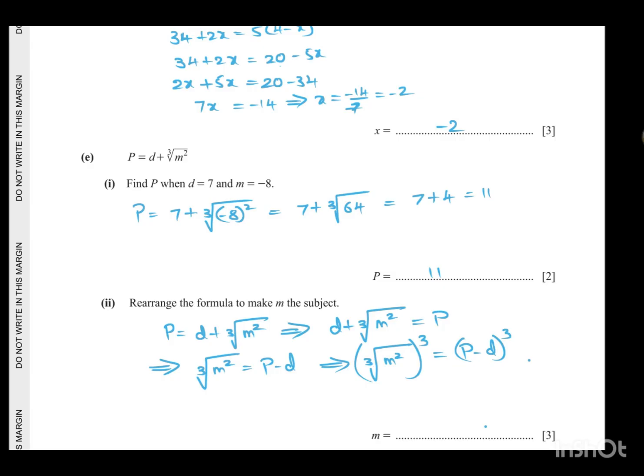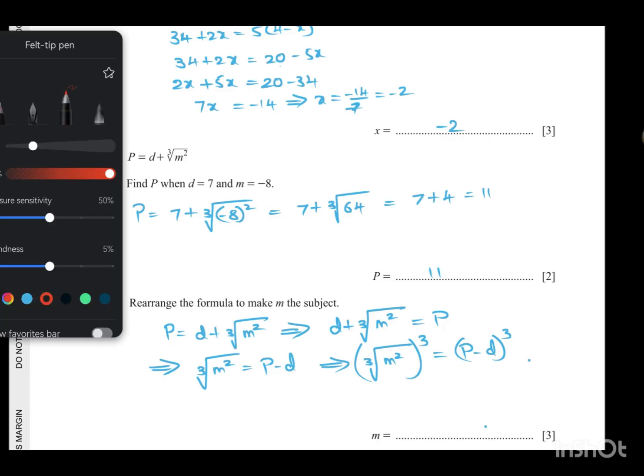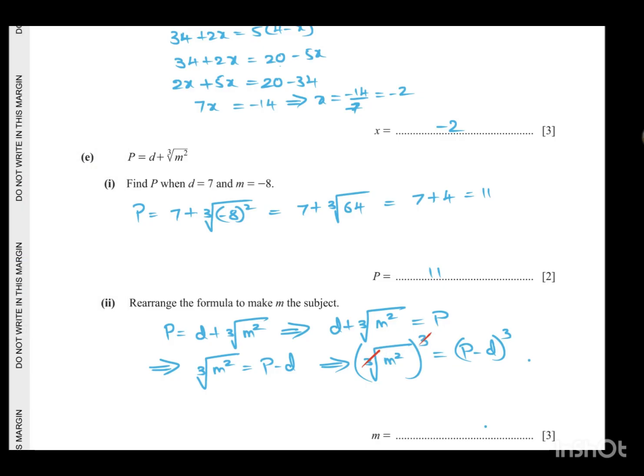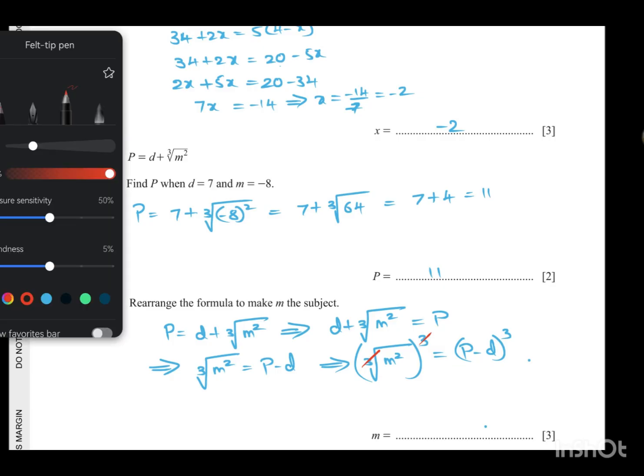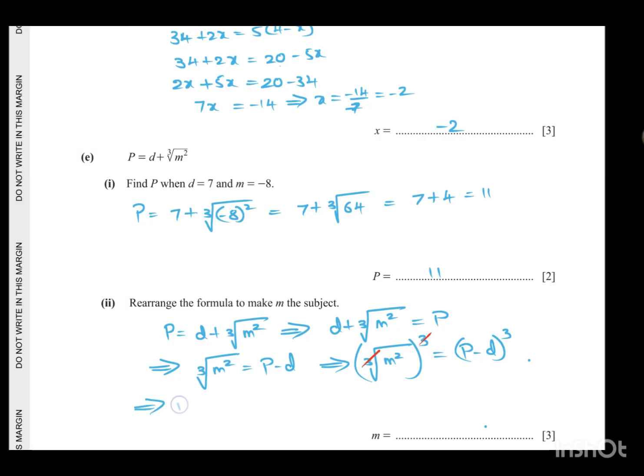Whenever we cube, the cube root is cancelled with the power. So what is left? Only m square is left on the left hand side, which is p minus d whole cube.